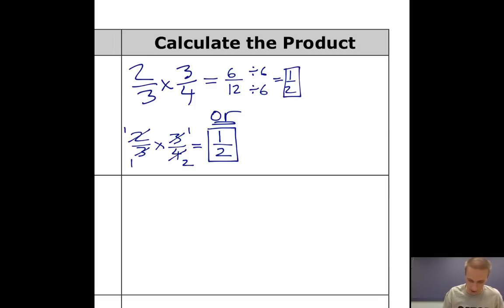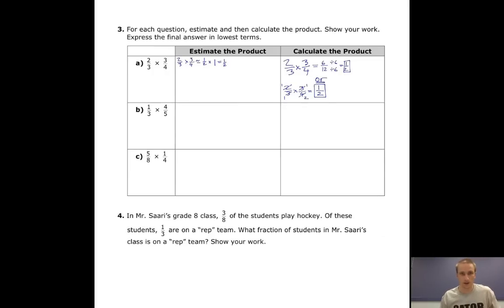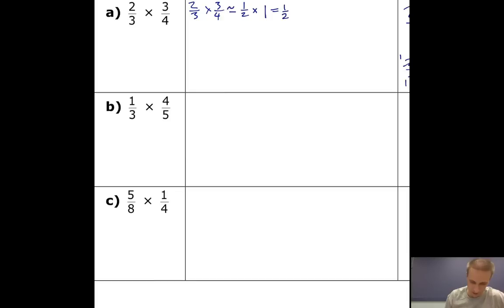All right, now let's take a look at what is next here. In the next example, we have 1/3 times 4/5. So let's look at that.